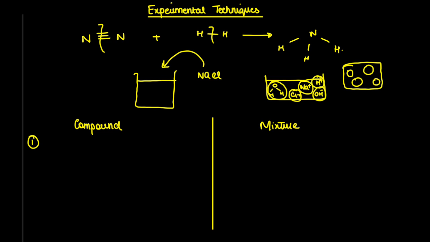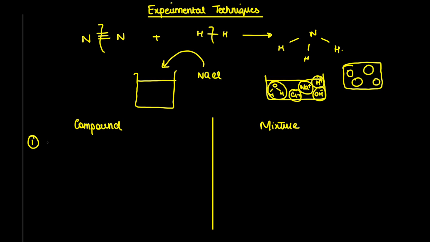Hydrogen separately and nitrogen separately do not contain the characteristics of ammonia, but when they are combined in the form of a compound, they do. So we say that a molecule of ammonia is one particle. We do not consider 3H and 1N as four separate particles or two different types of particles. It is one particle only, the molecule of ammonia.